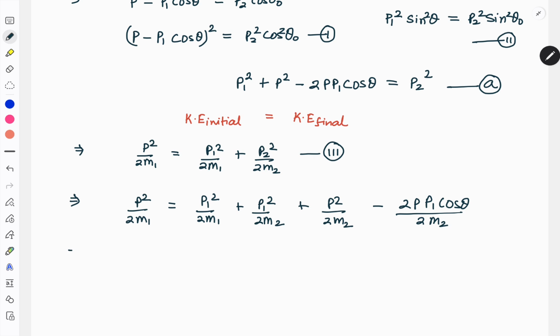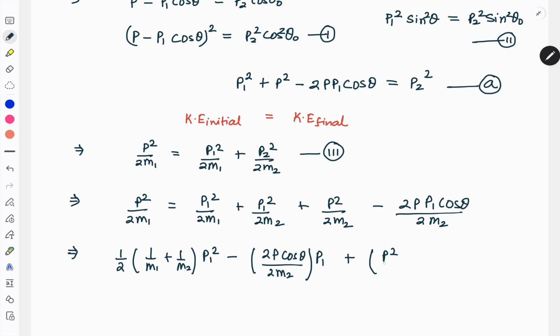Now we can rearrange the terms, and on rearranging we can write it as half of 1 by m1 plus 1 by m2, p1 square, minus 2p cos theta upon 2 m2 p1, plus p square by 2 m2 minus p square by 2 m1 is equal to 0.